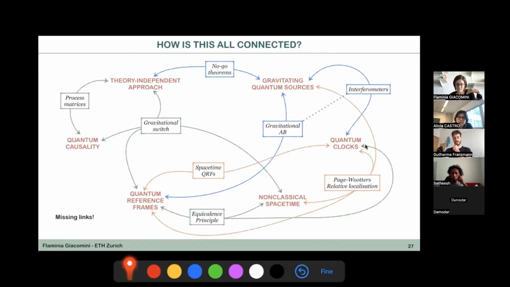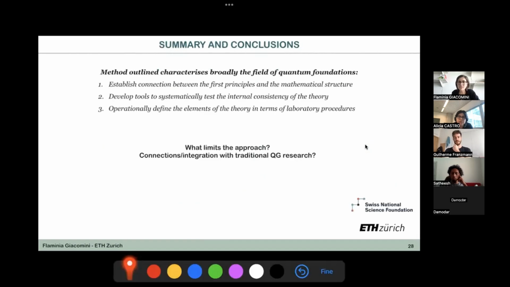Just to conclude this set of lectures, I have outlined several topics that all follow some methods. The methodology is shared among all these topics that I've covered, and this broadly characterizes the field of quantum foundations. The way I see this characterization is through three different elements.